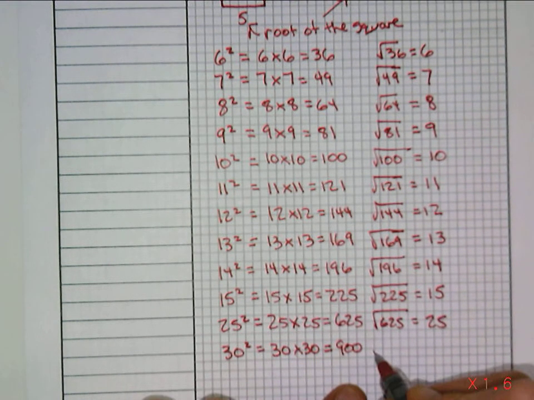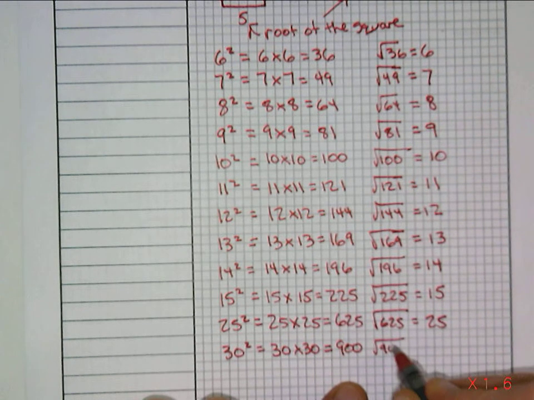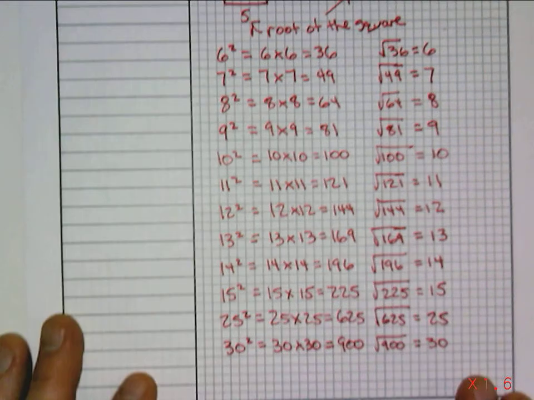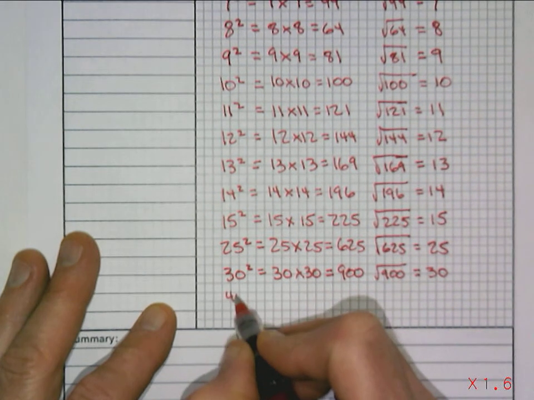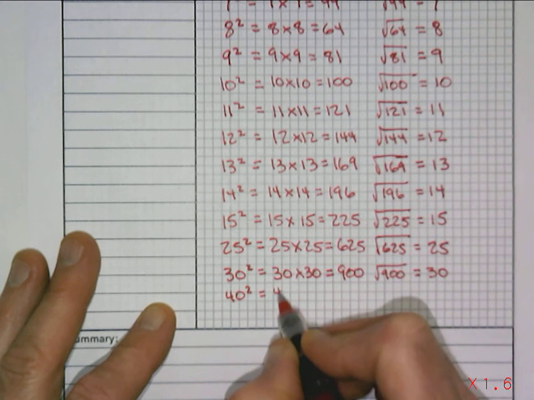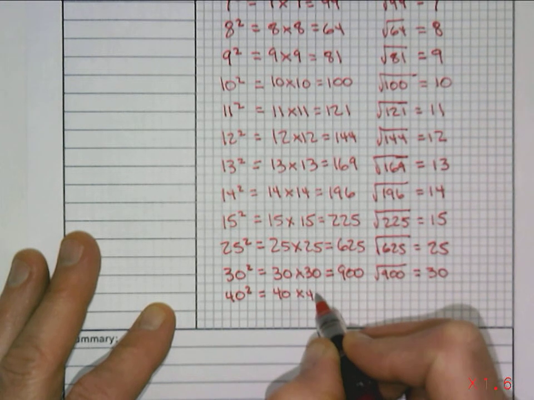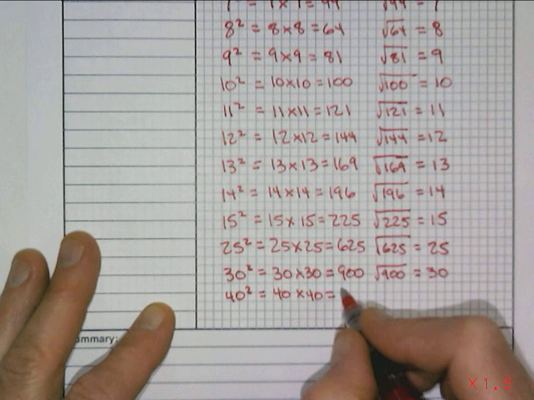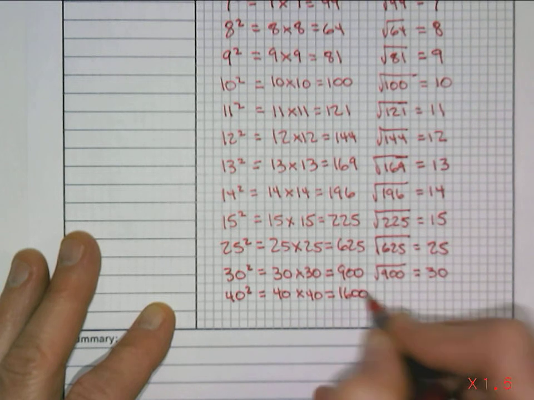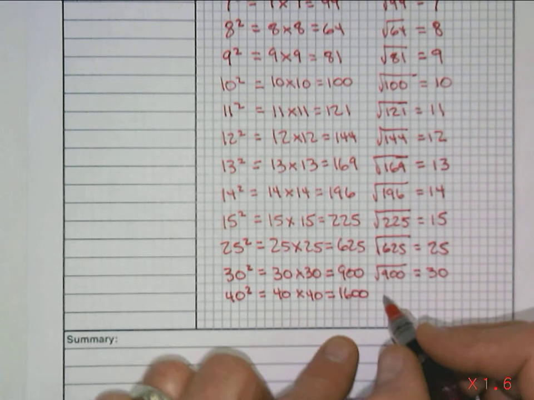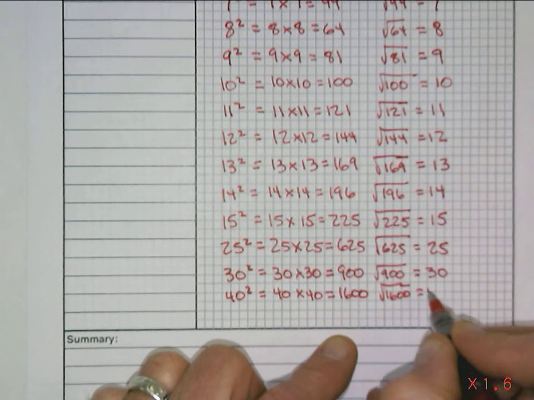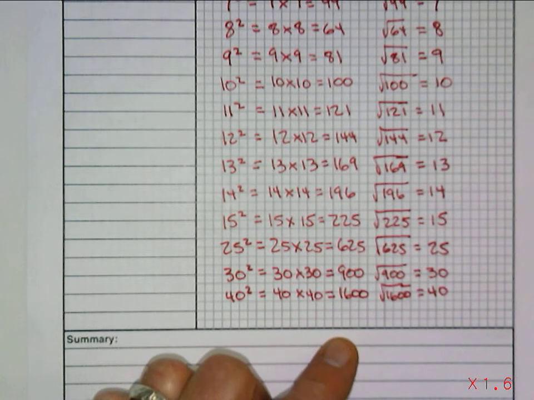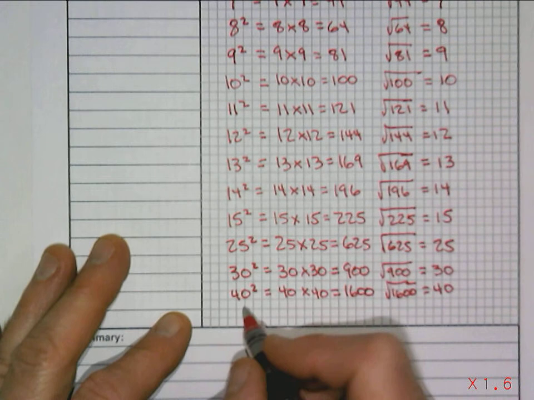And so we start getting into big numbers, but they're not that hard to do because we're just looking at these perfect square numbers. And even, let's try 40 squared, because you know 4 times 4 is 16, and so if you got a couple zeros on the end, then we know it's 1600, and the square root of 1600 is 40.